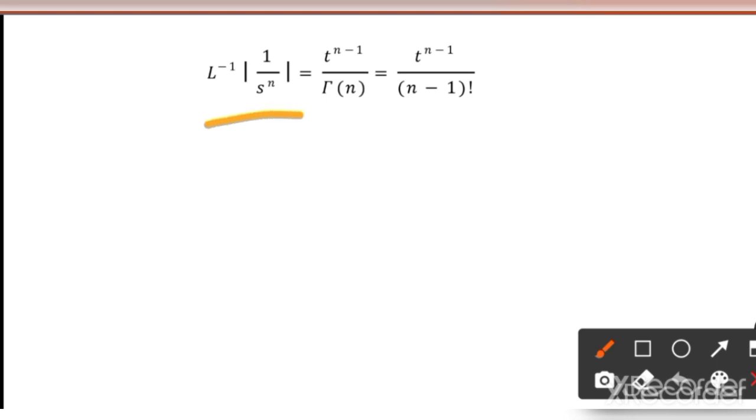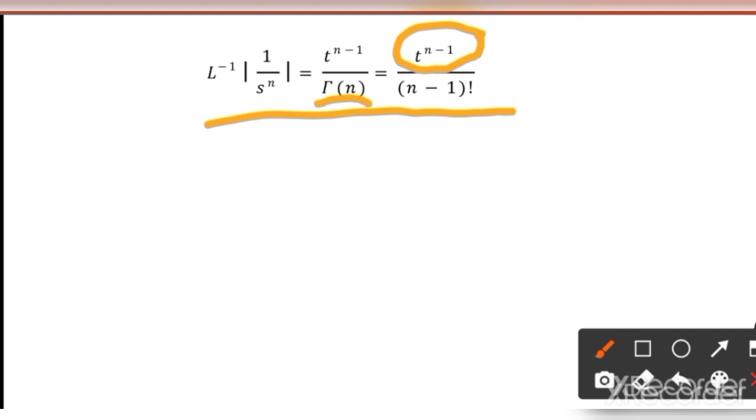But if you want, you can have a look at how we came to this result. We have seen that the Laplace transform of t power n is gamma of n plus 1 by s power n plus 1. So L inverse of 1 over s power n plus 1 is t power n by gamma of n plus 1, correct?